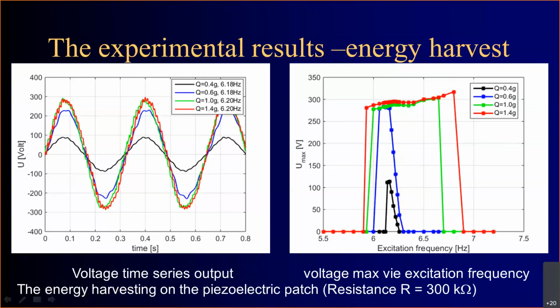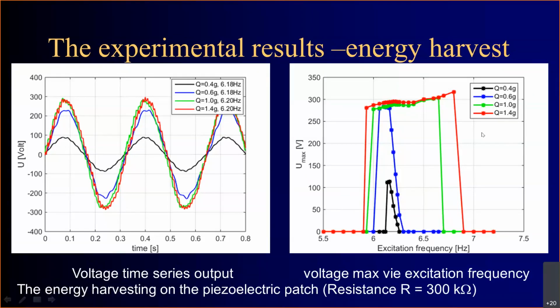We receive a high value of the voltage, and we can see in the next figure, the right figure, several levels of excitation, and the maximal voltage was received while the excitation was increasing.